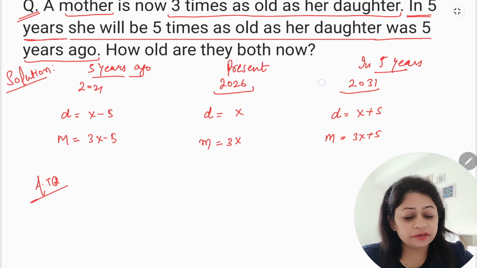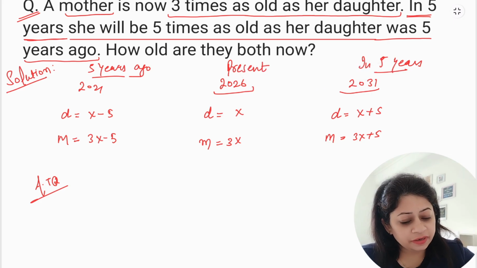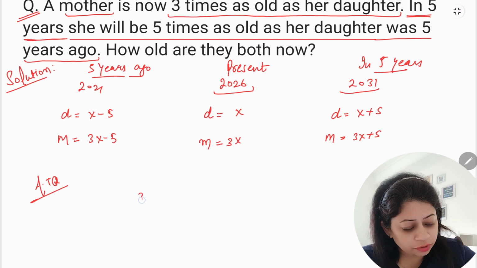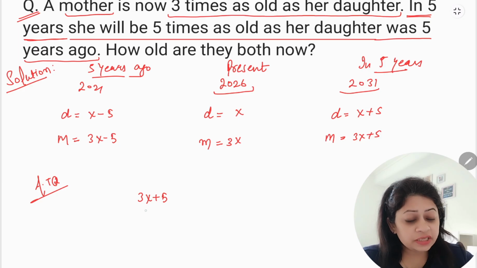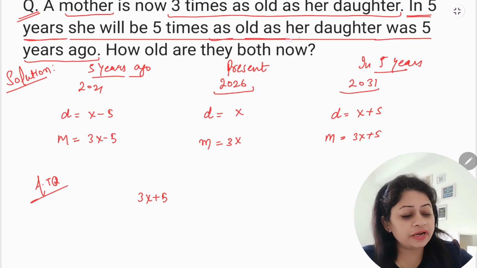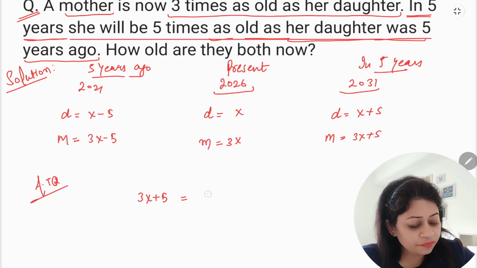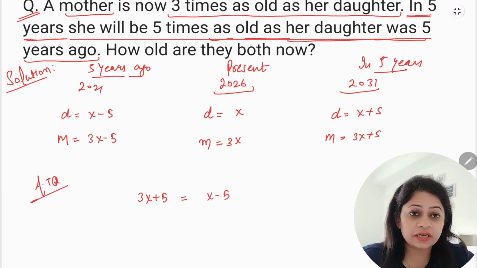In 5 years, she will be 5 times. In 5 years, like 3x plus 5, we are talking about mother. In 5 years, this is mother's age. Mother is 5 times of what? 5 times as old as her daughter was 5 years ago. So 5 years ago daughter was x minus 5, but these ages are not equal.